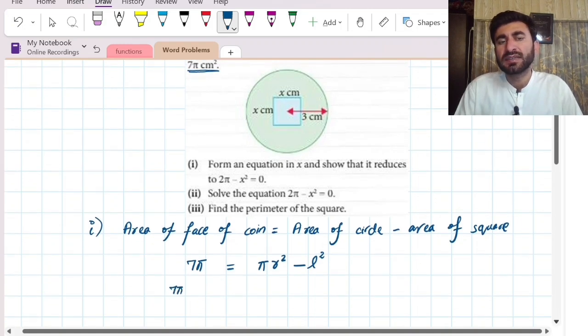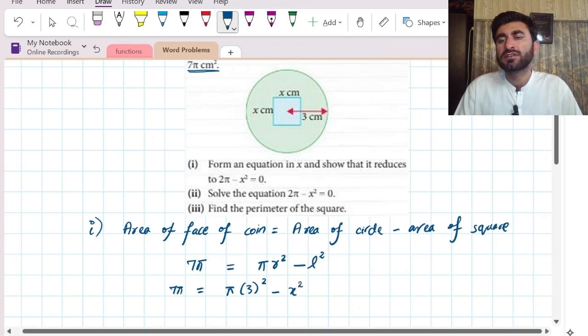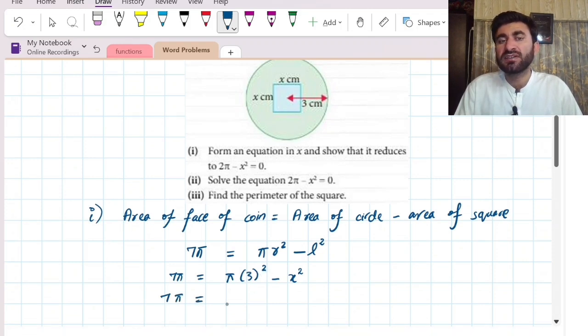So it will be 7 pi equals pi times 3 square minus x square, since the length of the side of the square was x. Now let us expand the right hand side, where 3 square is definitely 9, so it is written as 9 pi minus x square.